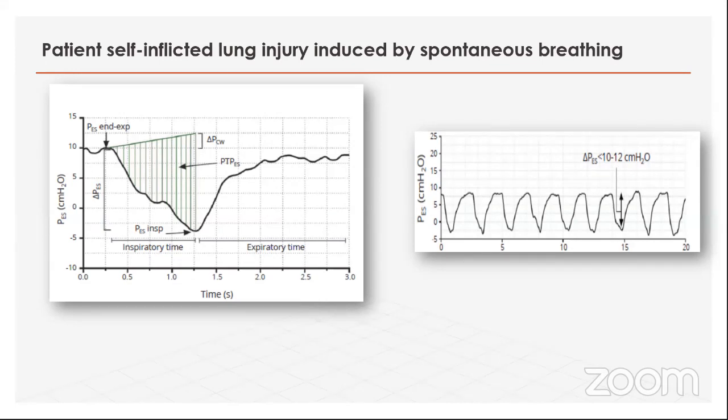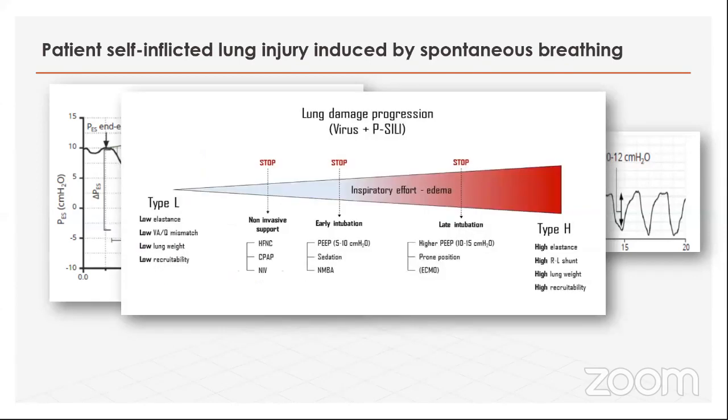For patients who are already breathing okay, you find a lot of COVID patients crashing quickly and then being intubated. Probably these people have underlying progressive self-inflicted lung injury that is not noticed clinically. So if you use these therapies, try to avoid huge inspiratory effort and the progression of lung injury that will take you to type H, and then you have a problem.